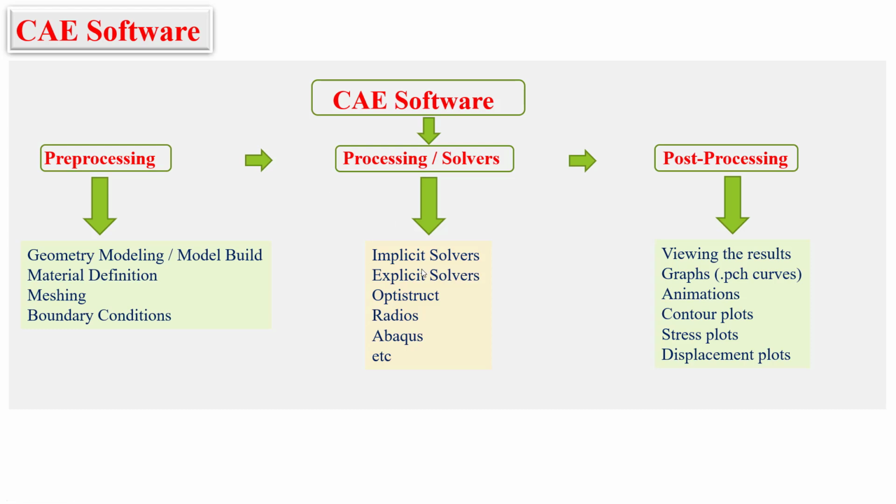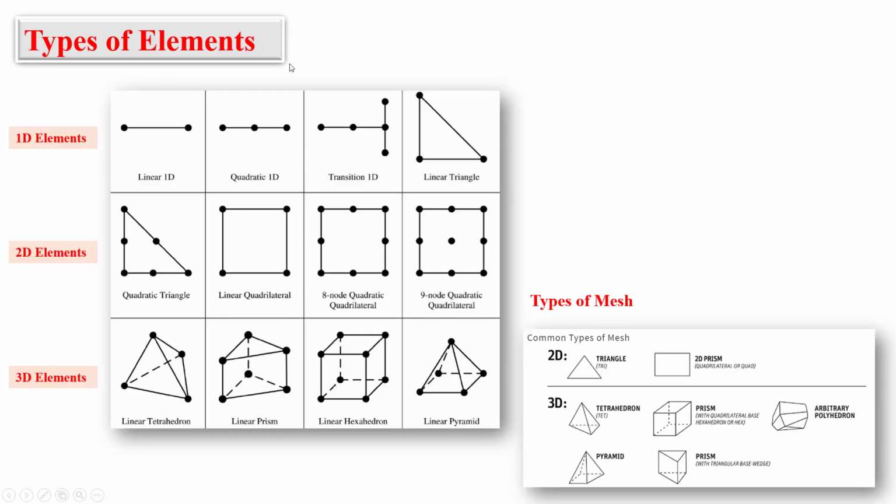Let's move further. Now, when it comes to the types of elements, very important. Elements in the CAE world: we have 1D elements, 2D elements, and 3D elements. For 1D, we have the simple bar, and with respect to the number of nodes, we have different 1D elements.